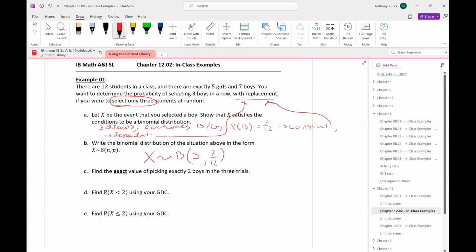So 7 out of 12, right? That's your odds of getting a boy. Done. That's all you need to do. Just filling in the N and the P into the form that it's given. N is the number of trials. P is the probability of success. Again, not difficult, but you have to know what the stuff means, right?